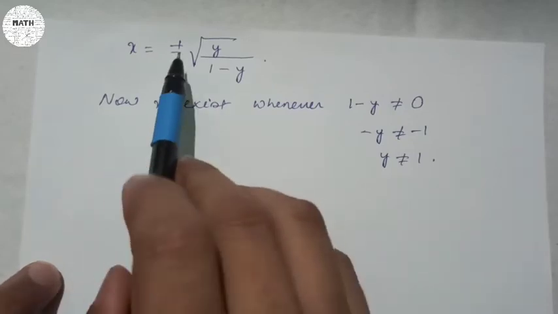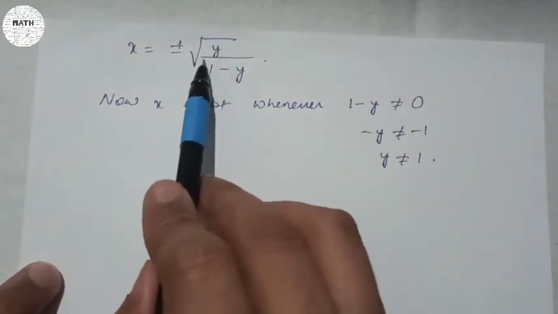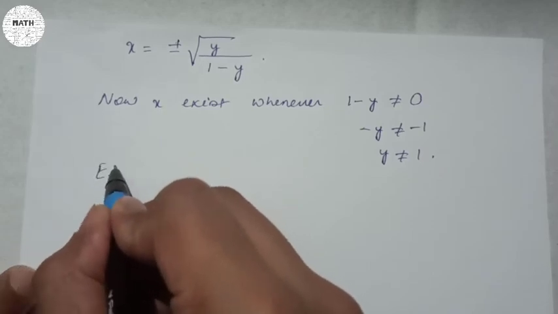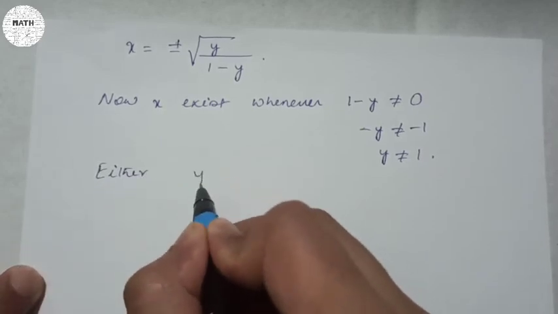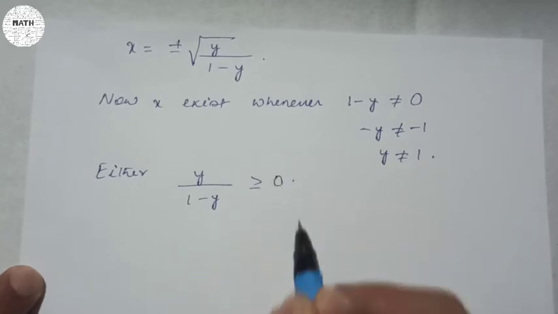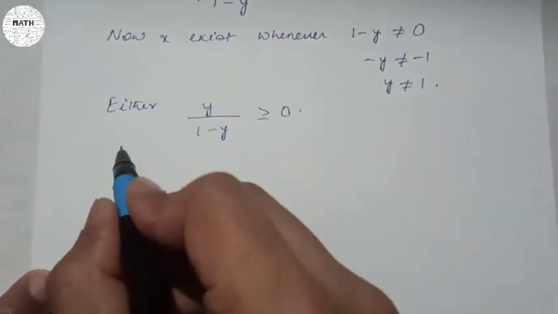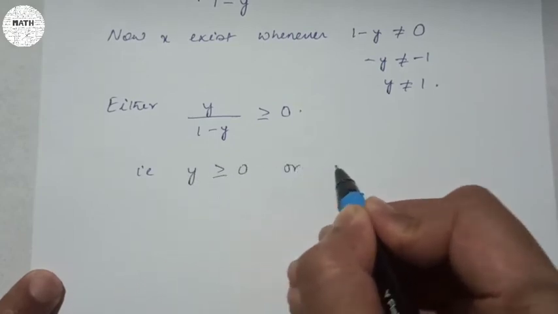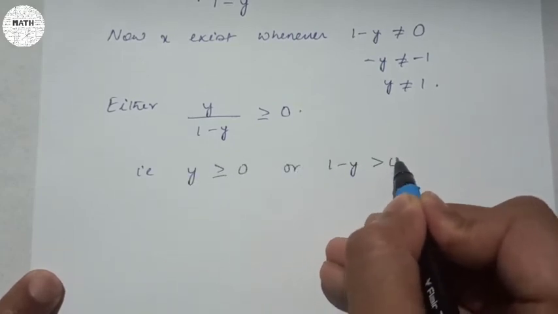Now I've got the answer plus or minus root over of y divided by 1 minus y. So it will be that your y divided by 1 minus y would be greater than or equal to 0. That is, I can say that y greater than or equal to 0, or 1 minus y greater than 0.